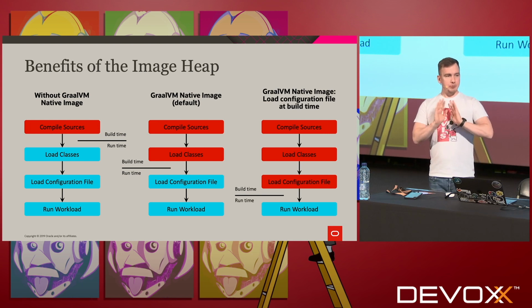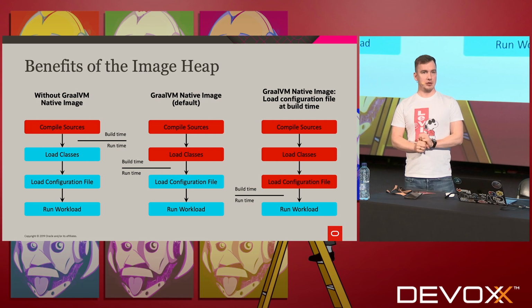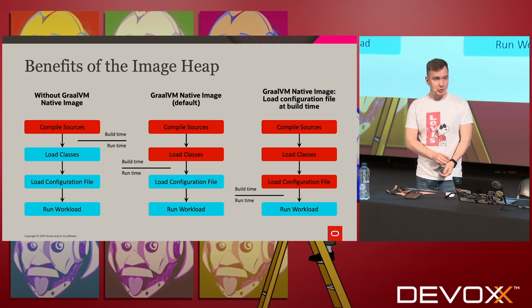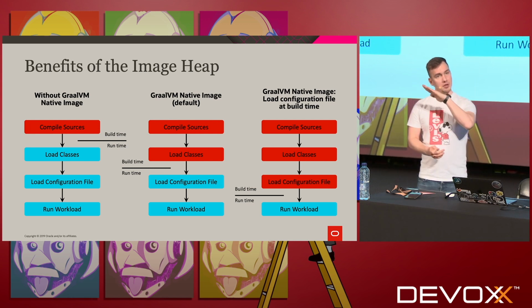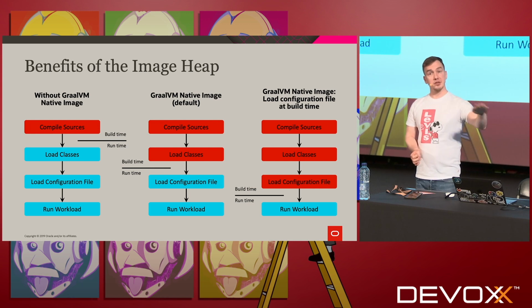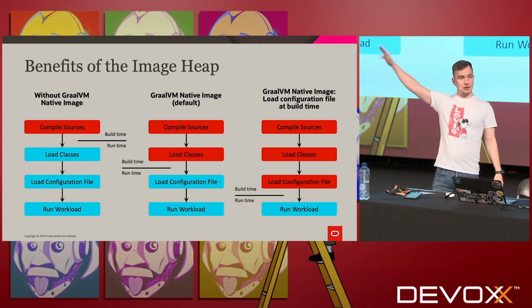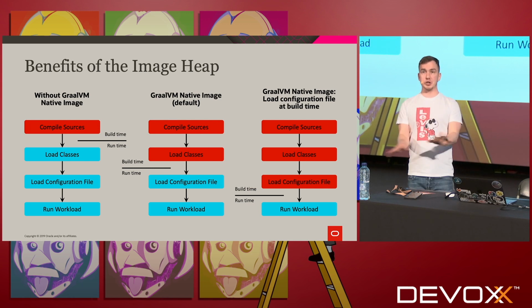Now, one important thing of snapshotting the heap is that it's also possible under the closed world assumption, much better than without. It gives you the ability to configure your application to a certain extent during the generation phase, and then use it at startup without any initialization happening, right?